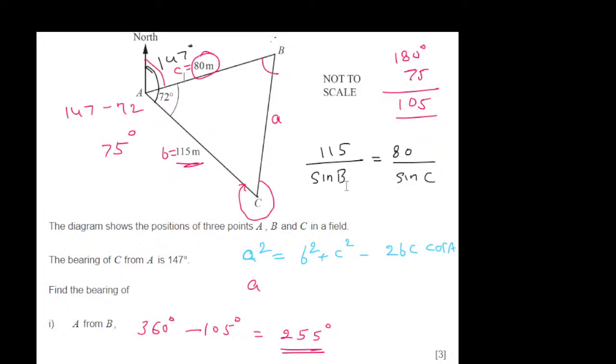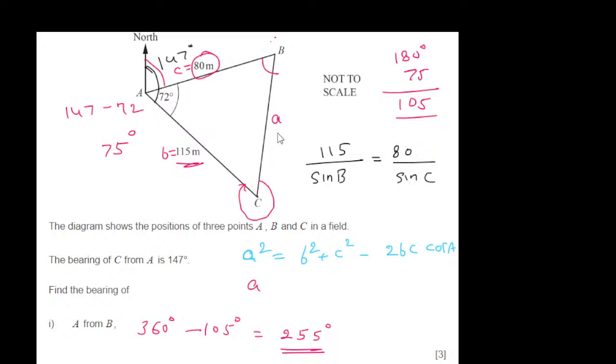So the value of A here is B square plus C square, that is 80 square plus 115 square, minus 2 times the value of B, which is 115, into the value of C, which is 80, times cos of angle A, so it's cos 72 degree, and whatever answer we get we will take the square root of that.